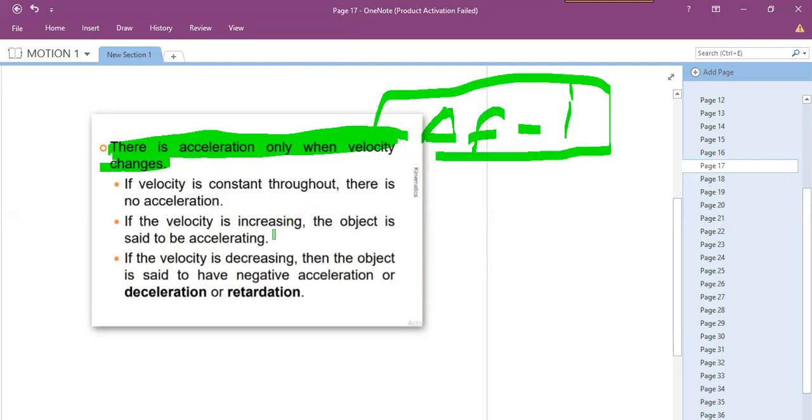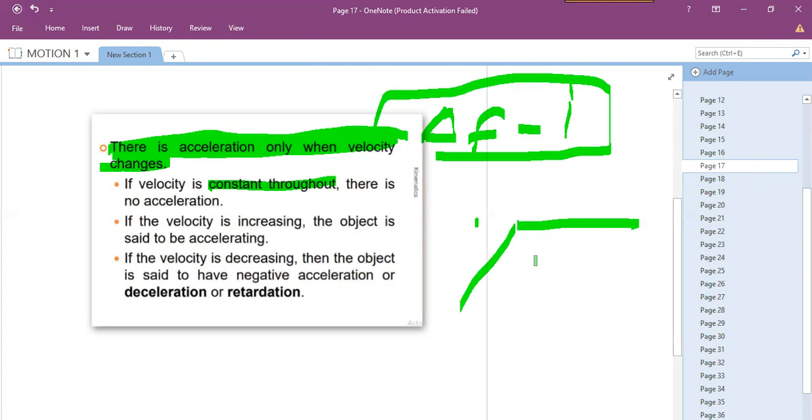That's where there is acceleration only. If velocity is constant throughout, there is no acceleration. There's just constant motion. So if you see a graph which starts accelerating like that, and then you see a straight line, it will represent constant motion.